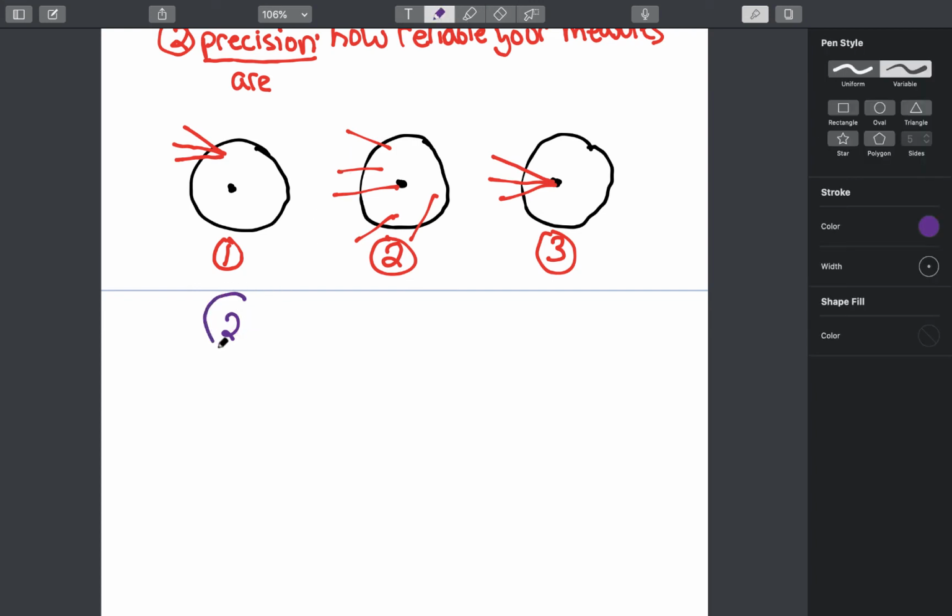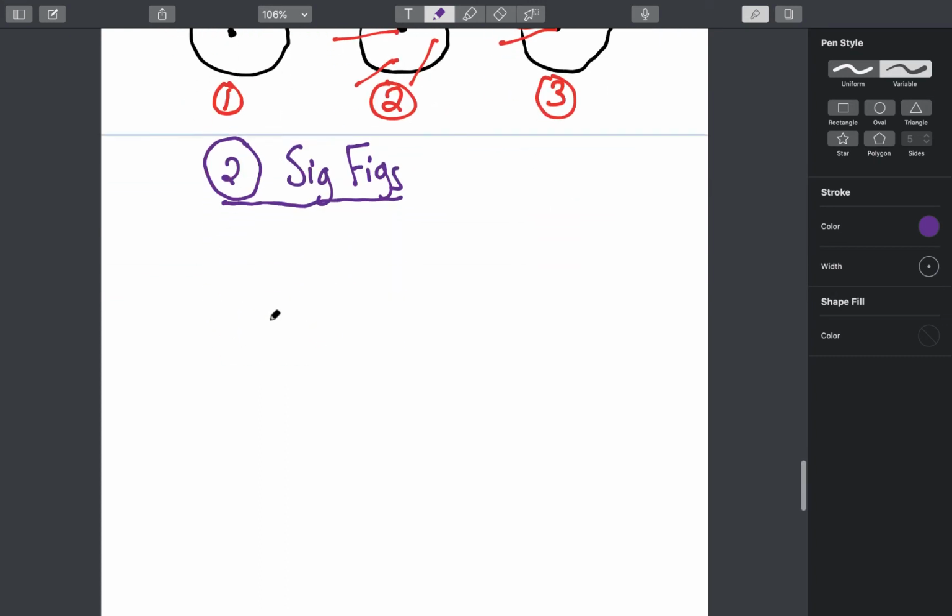Significant figures. Now, a lot of kids get confused by sig figs. And I will admit that when I was in general chemistry, I was very confused by them at first. However, the best way to get good at sig figs is to practice.